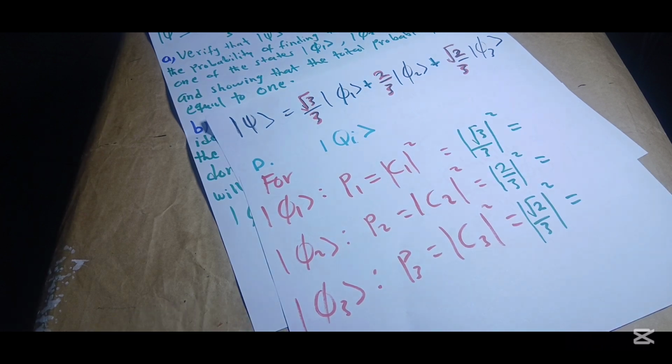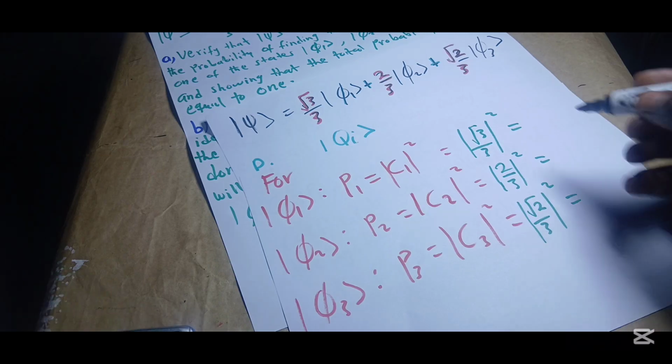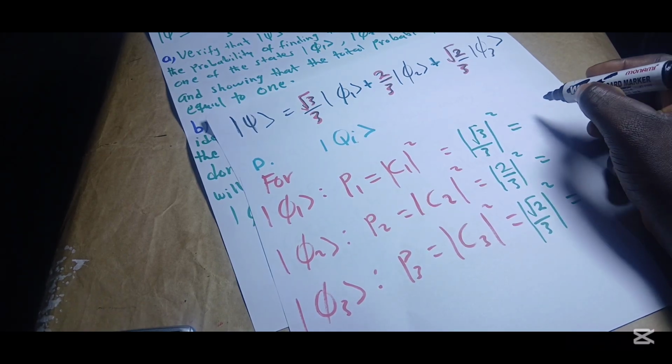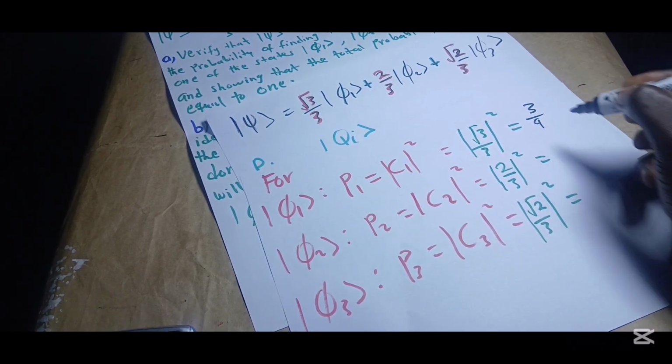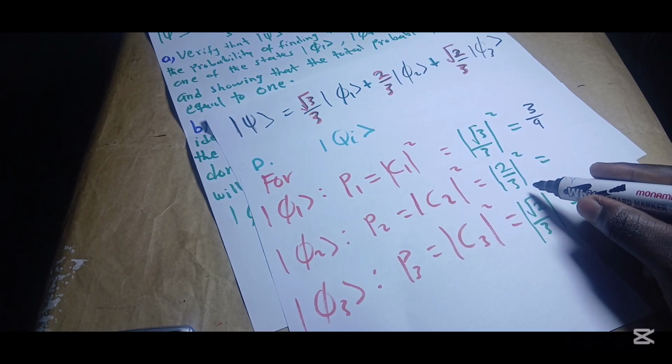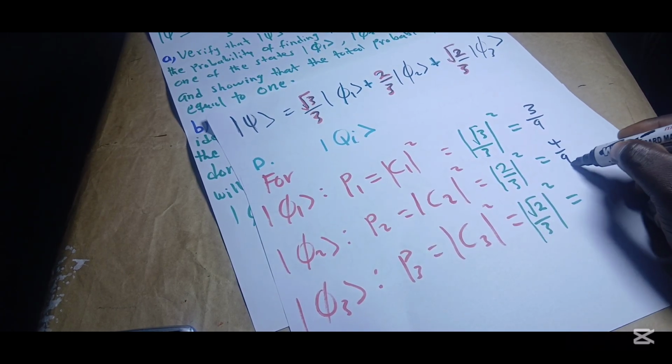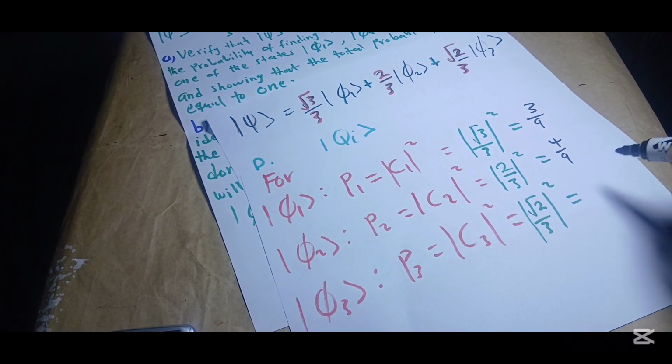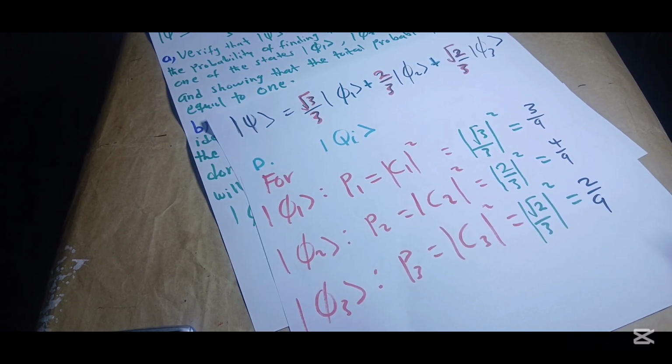So doing so, this one is going to give us 3 on 9, this is going to give us 4 on 9, and this is going to give us 2 on 9.